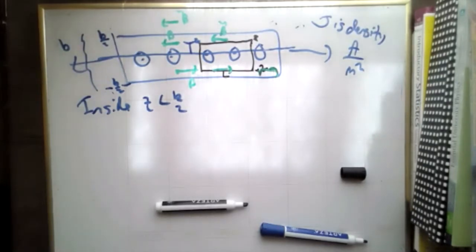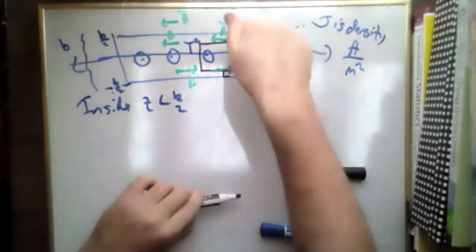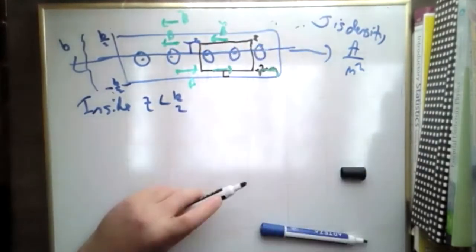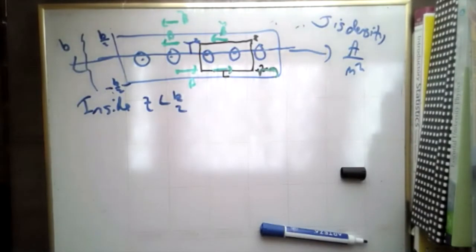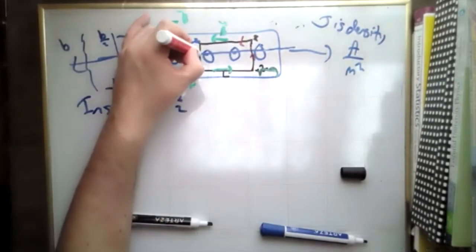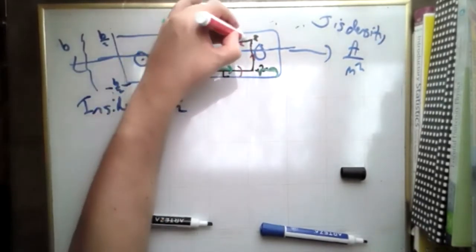For my DL vectors, I want to go around the loop counterclockwise because I want to go in the same direction as B. So I get to choose which way I'm going around. I'm going to traverse the curve in the counterclockwise direction.